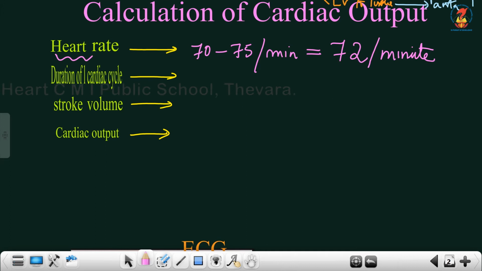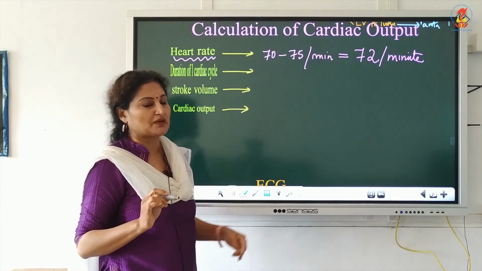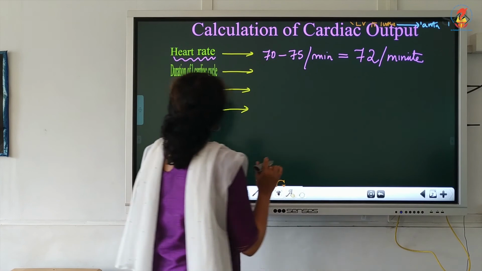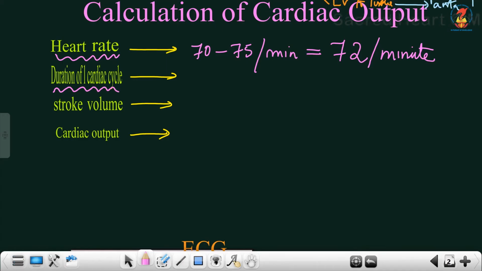So, what is heart rate? The number of times the heart is beating per minute. It is found to be between 70 to 75 times per minute, but on an average we will take it as 72 per minute.